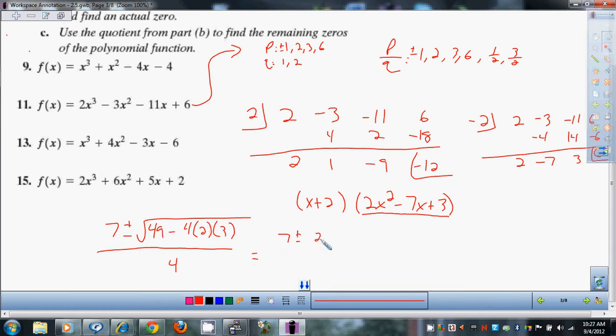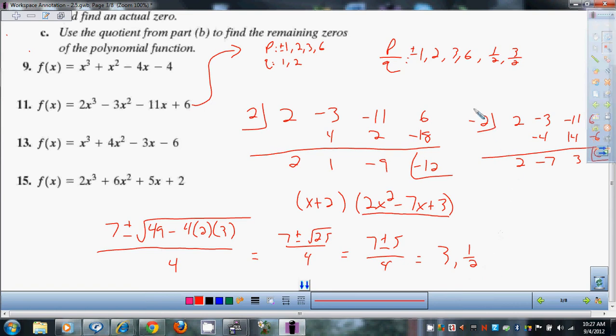Ooh, that's 25. That's a perfect square. When you finish the quadratic formula, 7 plus 5 is 12. 12 over 4 is what? 7 minus 5 is 2. 2 over 4. And I want you to list all three of them.